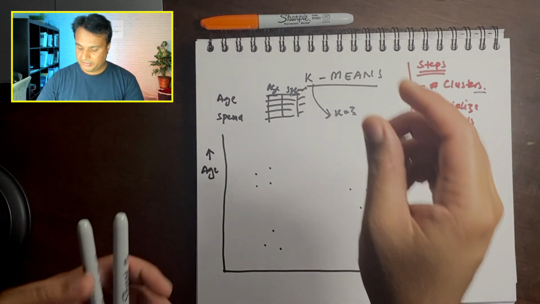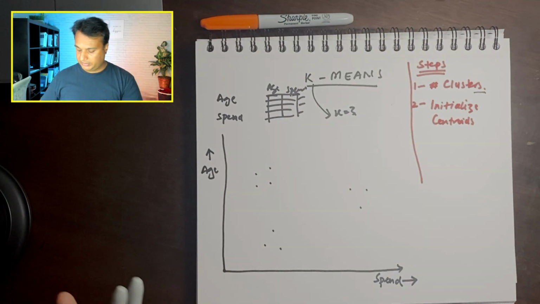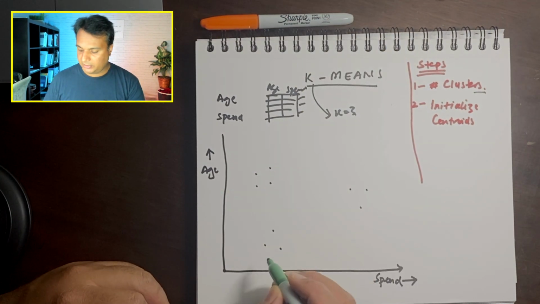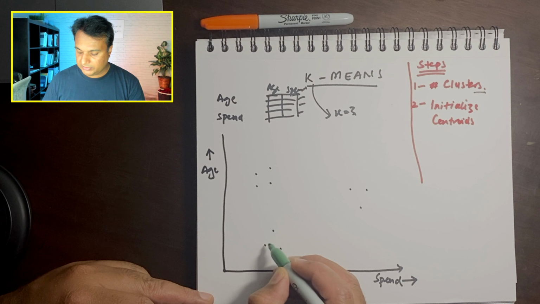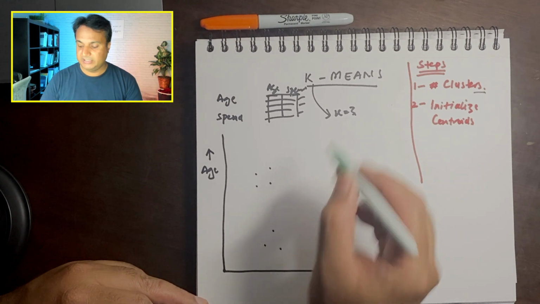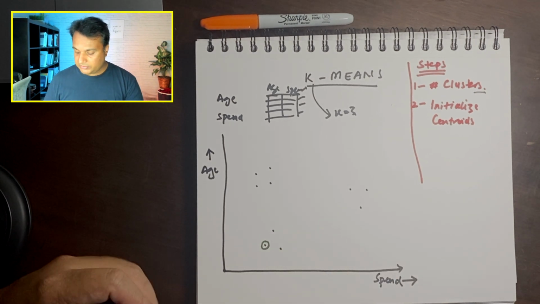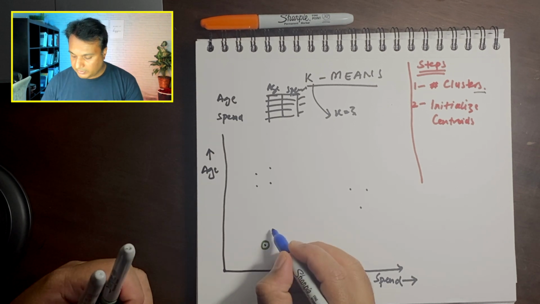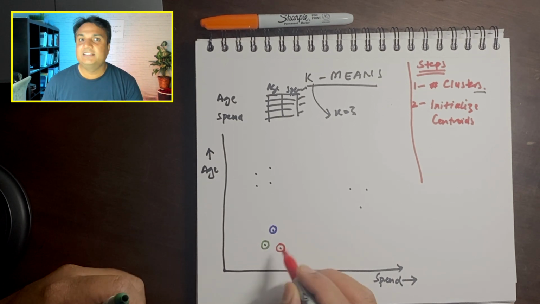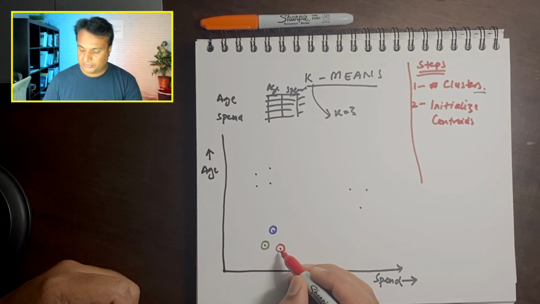Let me use 3 different colors so that you could visually see what's going on here. Now let's sort of take a worst case scenario. Let's say we pick these 3 as the centroids for these 3 clusters. So this is my green cluster centroid, this is my blue one, and this is my red cluster centroid.